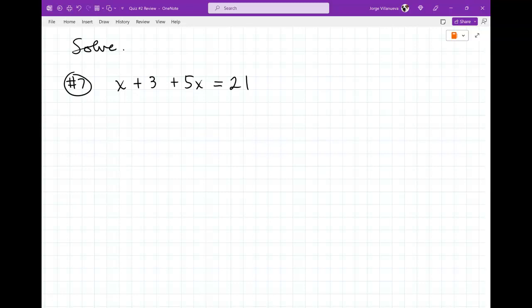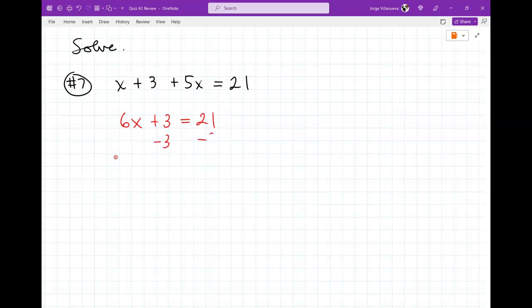So, all right, right here we're going to solve. Kind of like what we did earlier, we're going to combine like terms, but then solve at the end. So I'm going to put my x's together. X plus 5x is 6x plus 3 equals 21. Now, since I want to isolate my variable x, I'm going to subtract 3 on both sides.